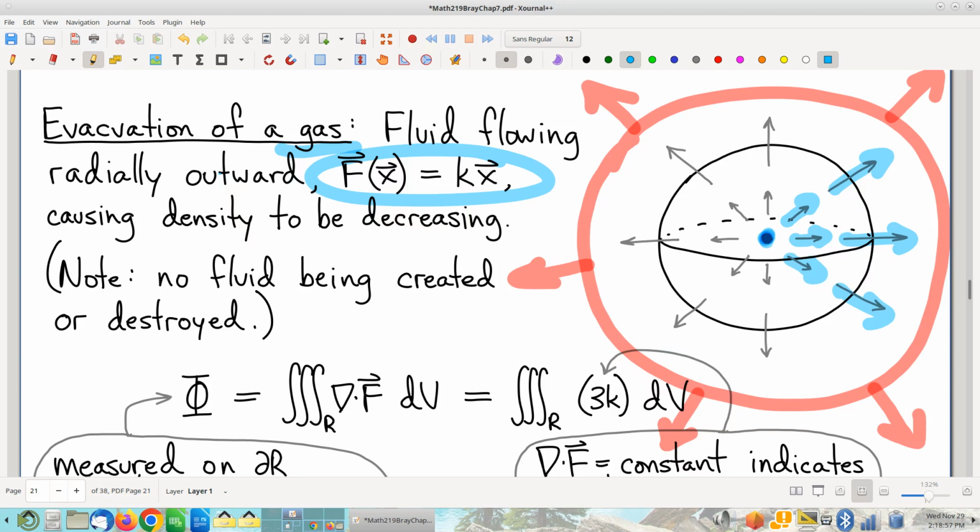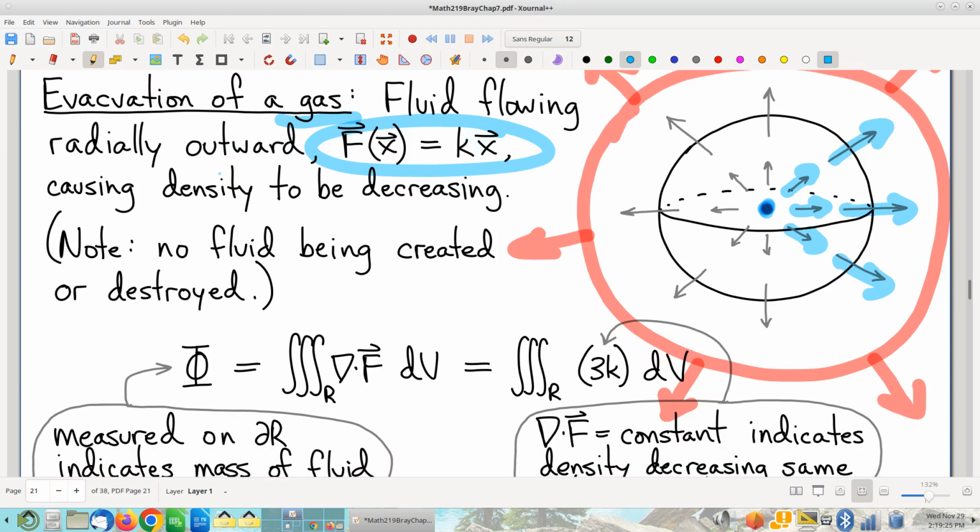And then furthermore, now physical appeal, if I've got a fixed amount of air inside of a balloon, and if I'm expanding it, well, that same quantity is being distributed over a larger volume. The density truly is changing, right? So it's a very different physical scenario, and we're going to interpret divergence in a different way as a result.